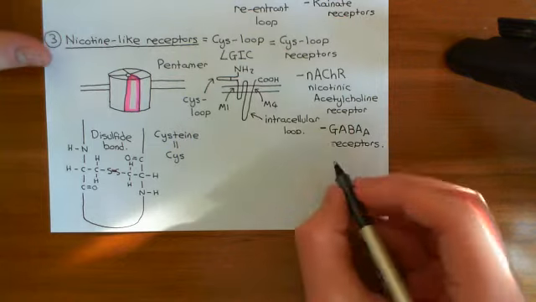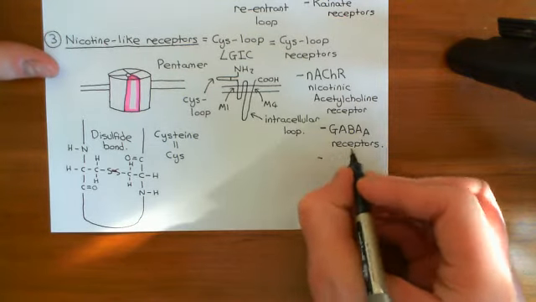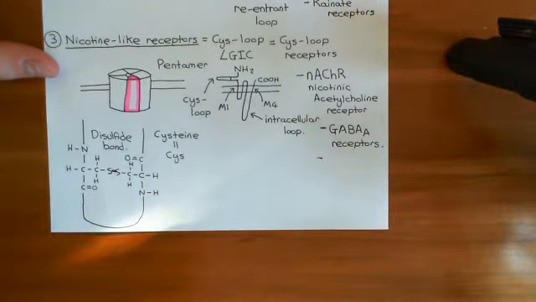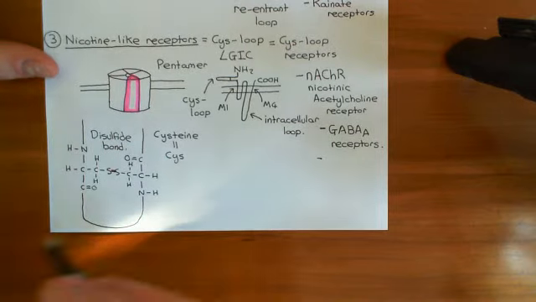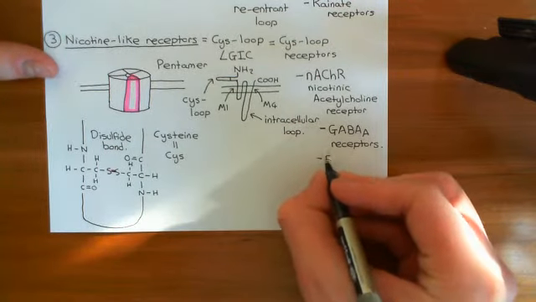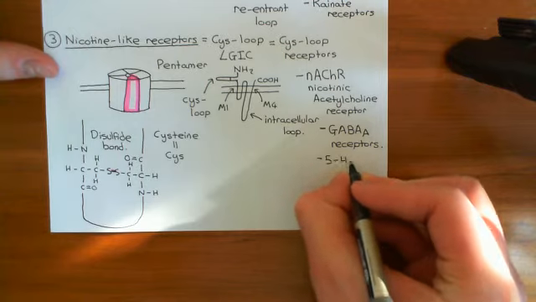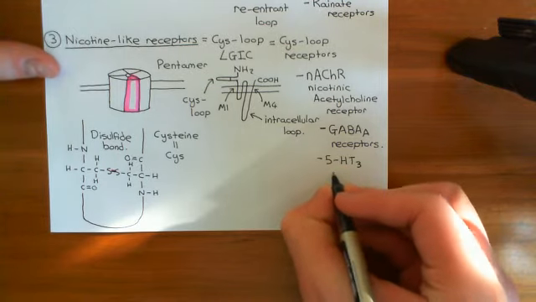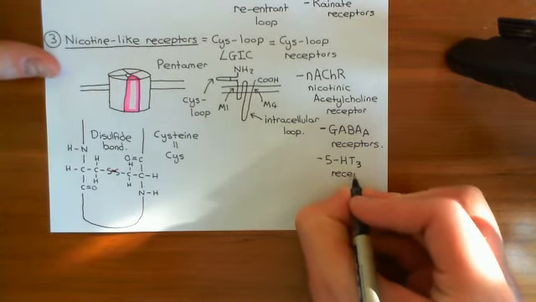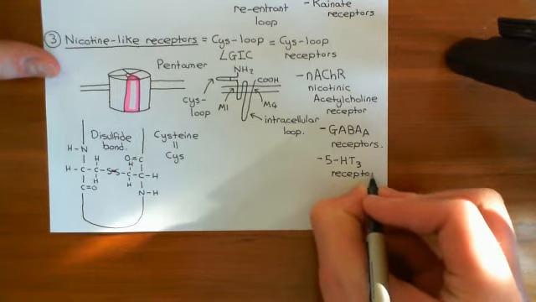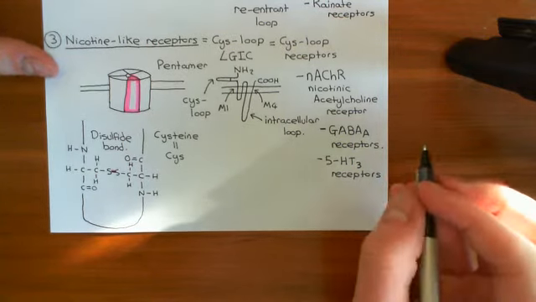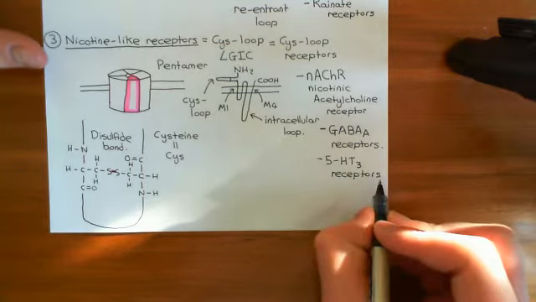Okay, right. Some other examples then of families within the nicotine-like receptor family of ligand-gated ion channels is you also have the 5-HT3 receptor family. Okay, and again, there is not just one 5-HT3 receptor, there are multiple 5-HT3 receptors. Okay, so it's a family of receptors.